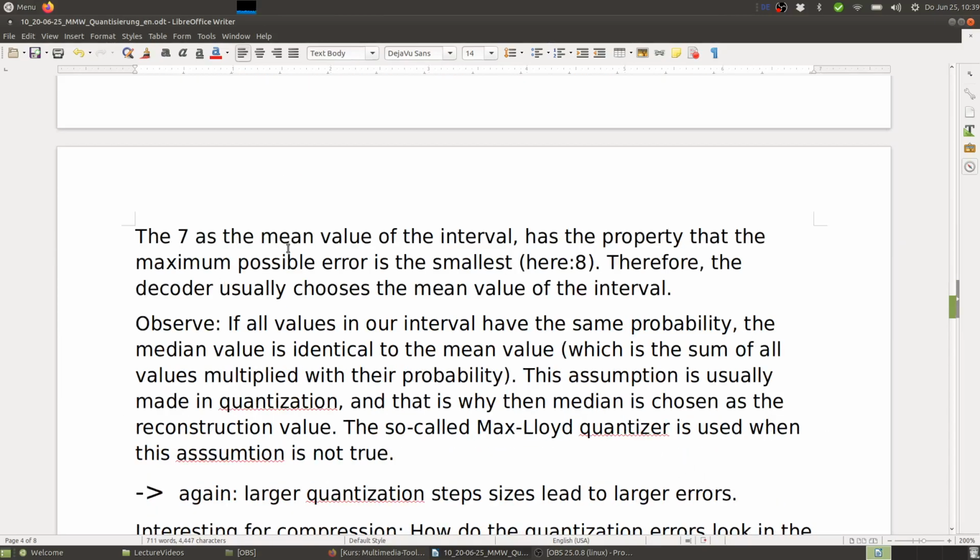Yeah, so the 7 as the mean value of the interval has the property that the maximum possible error is the smallest. Here it's 8. Therefore, the decoder usually chooses the mean value of the interval. Observe, if all values in our interval have the same probability, the median value is identical to the mean value, which is the sum of our values multiplied with their probability.